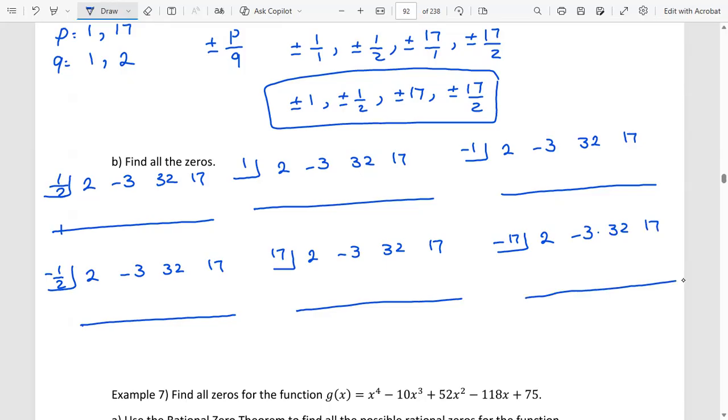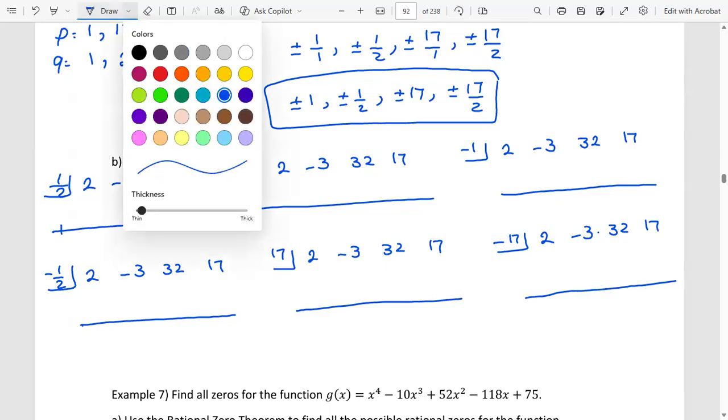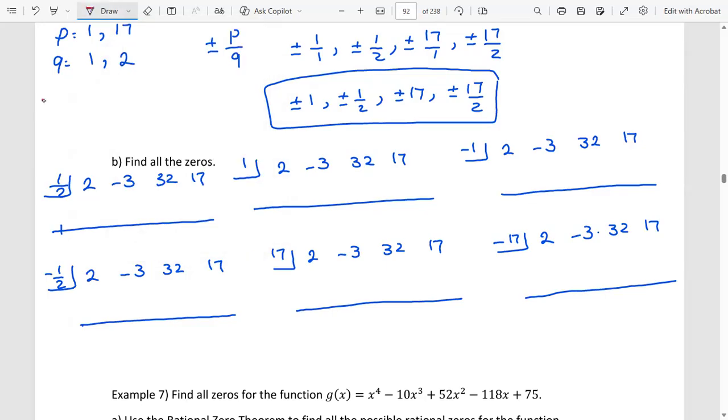Okay, let's finish these first. And if we couldn't find all 3 zeros by these divisions, we try the last numbers.